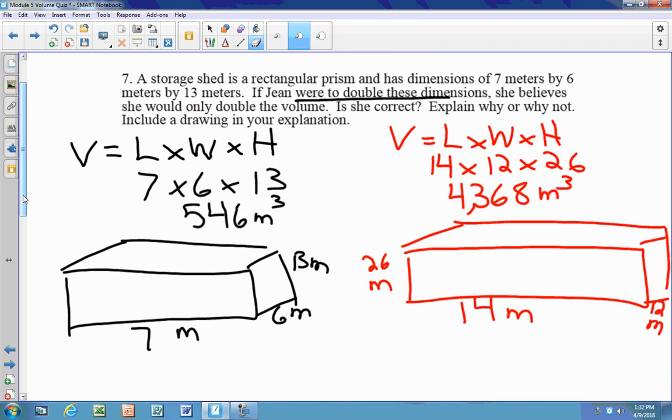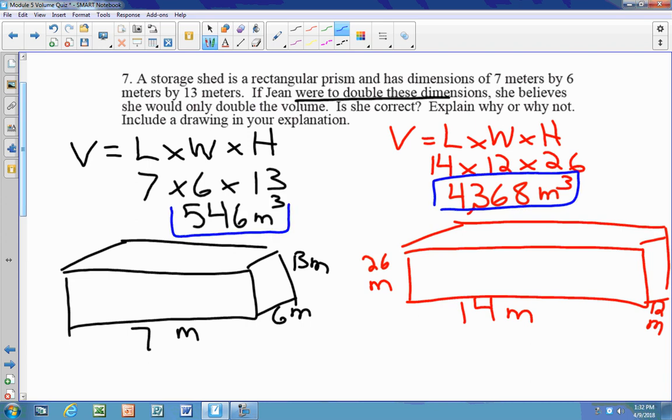So now I'm going to go back to the question which asks, she would only double the volume if she were to double the dimensions. Well, this was what her volume became. If she doubles her volume from before and does that times 2, when she doubles 546, she's going to end up with 1,092 meters squared.